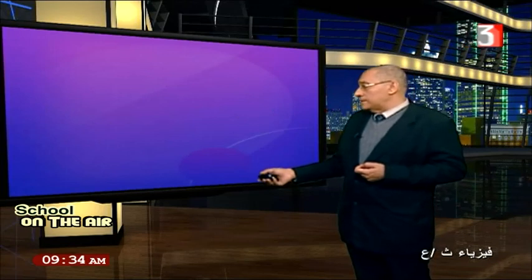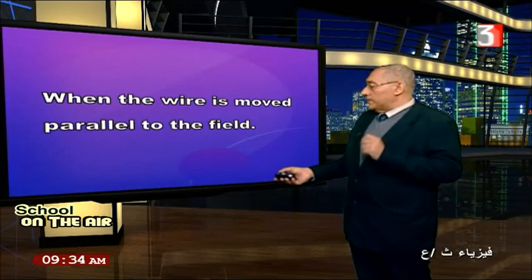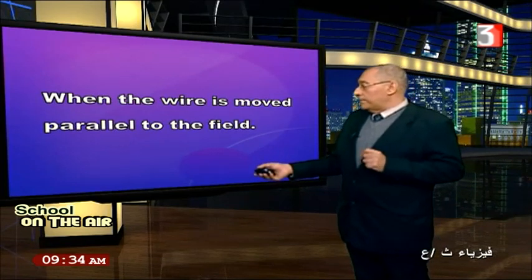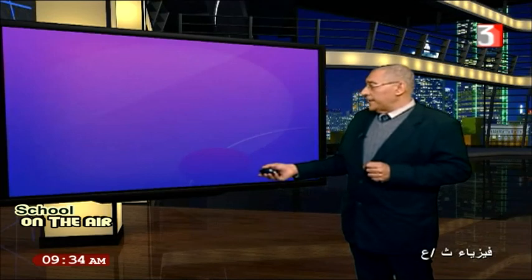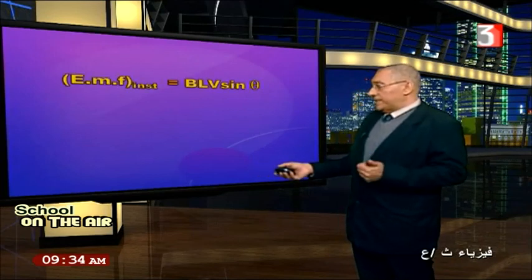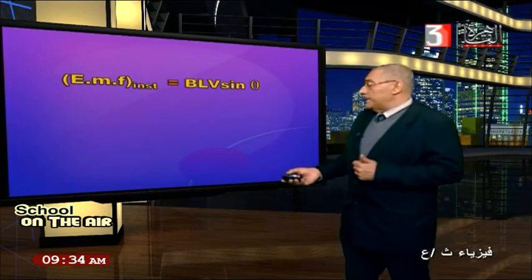So the answer: when the wire is moved parallel to the field. Once again, using the mathematical expression, EMF induced equals BLV sine theta, where B is the magnetic flux density, L the length of the wire, V the linear velocity.